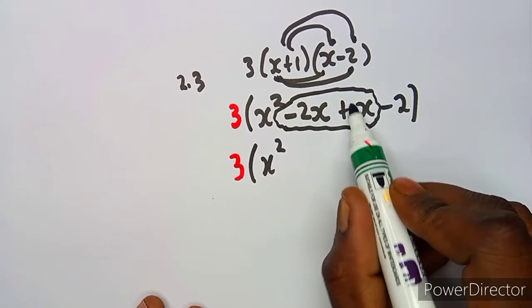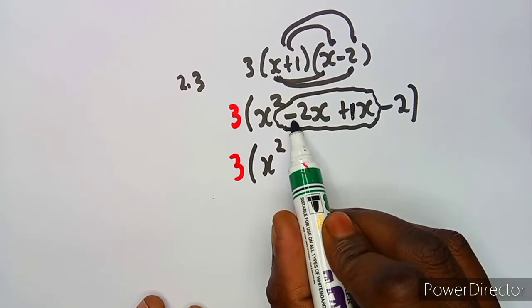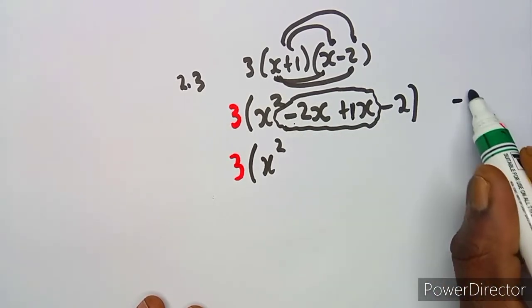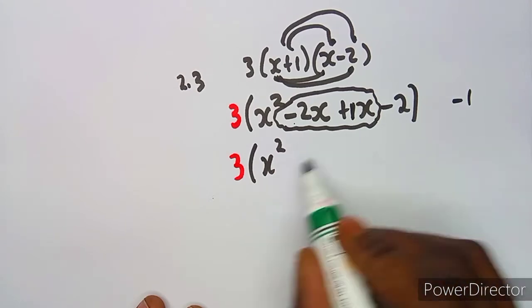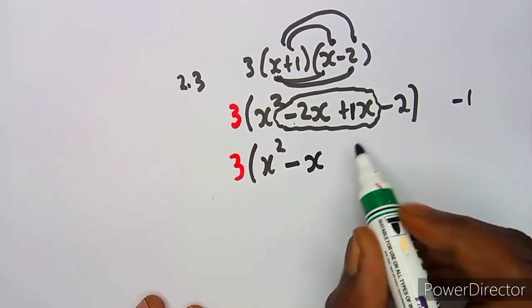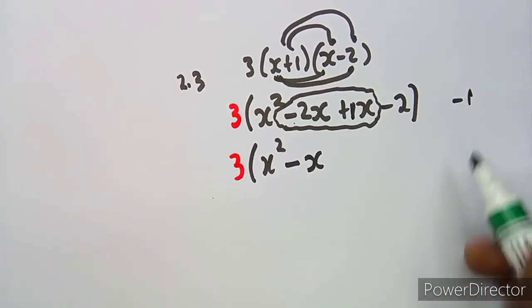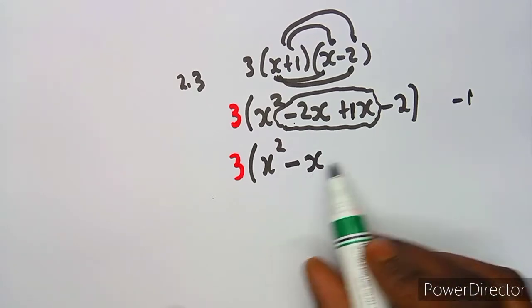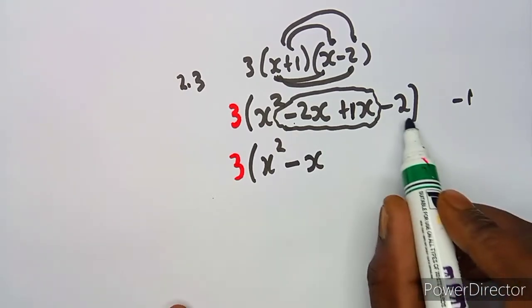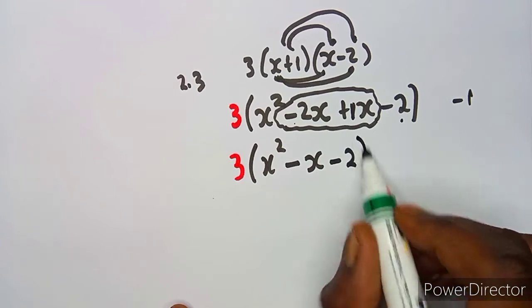So it's minus 2 plus 1, which is actually minus 1 from the calculator. So it's going to be minus 1x, which is just minus x, and we've got minus 2, which is just there.